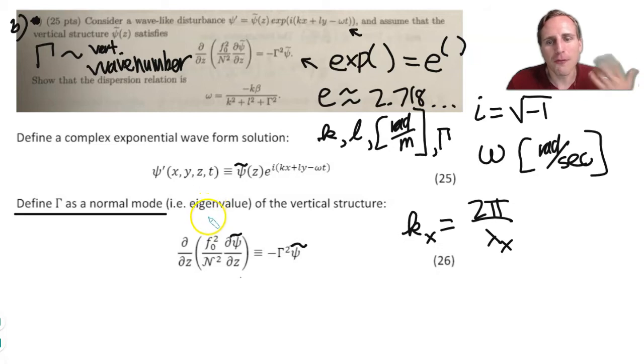So if you're familiar with Fourier analysis, k and l are sort of like the wave numbers that go along with the various spatial frequencies in either x, y, or z. So east and west, north and south, and the vertical. Okay, so you could also think about these as sort of normal modes, or sometimes called eigenvalues, right?